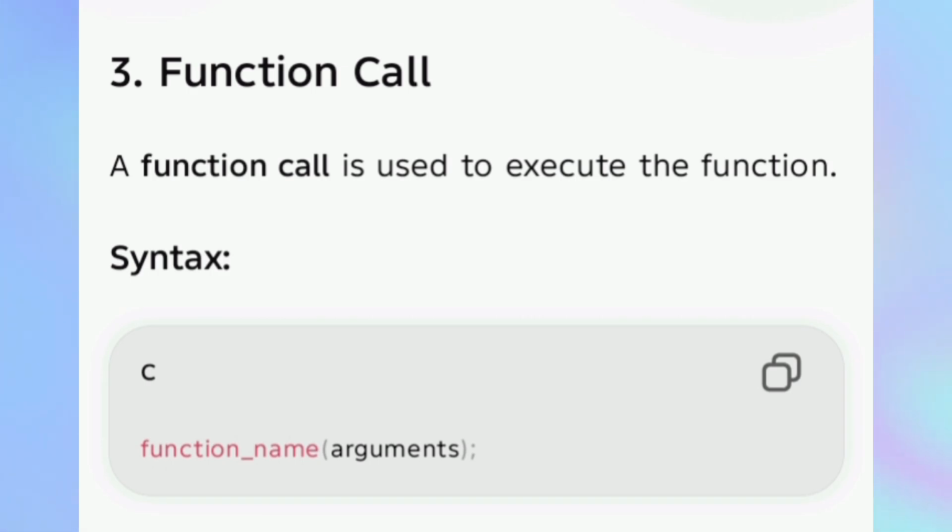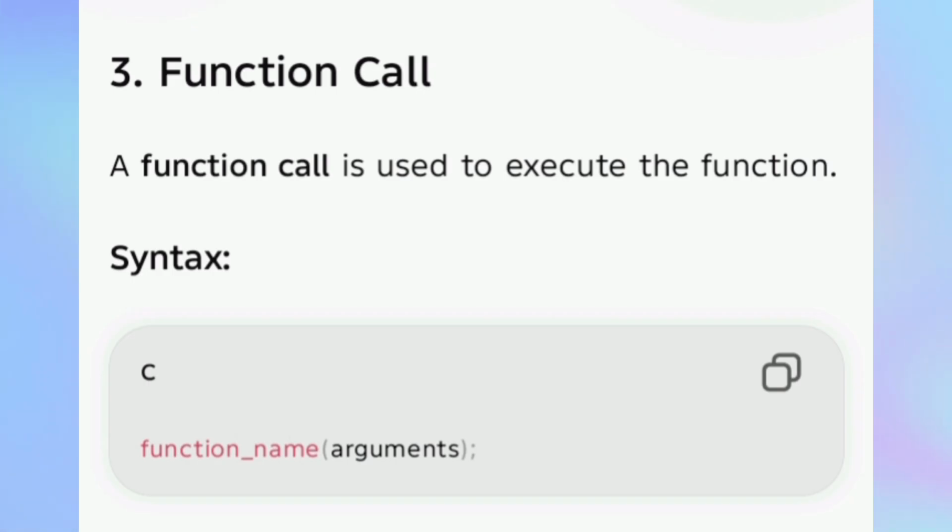Function call. A function call is used to execute the function. It has the function name and arguments; arguments pass the parameter values.